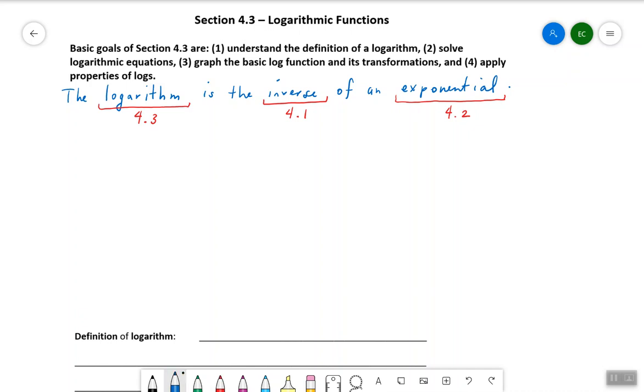In section 4.1, we learned that to get an inverse, we need to switch the input and the output. Let's write that down. To get the inverse of any function, we switch x and y.